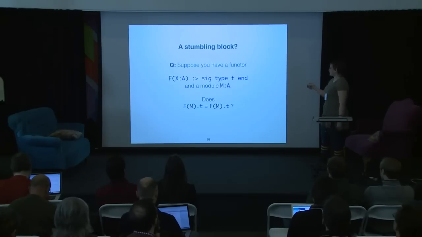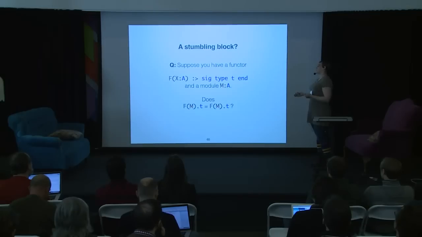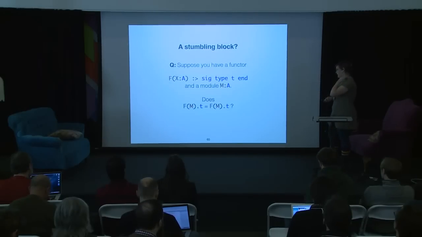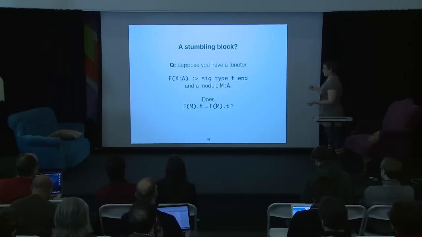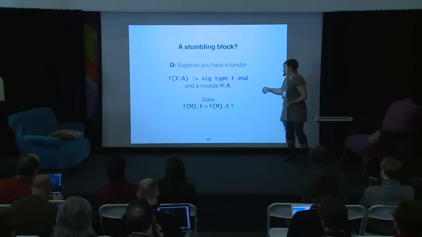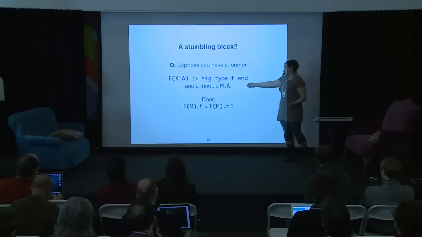There's a little bit of a weird consequence when you're trying to account for these things using the existential quantifier from logic. Say you have some functor F that takes an argument X with signature A, and it opaquely ascribes to some signature exposing a type t, maybe some other stuff.